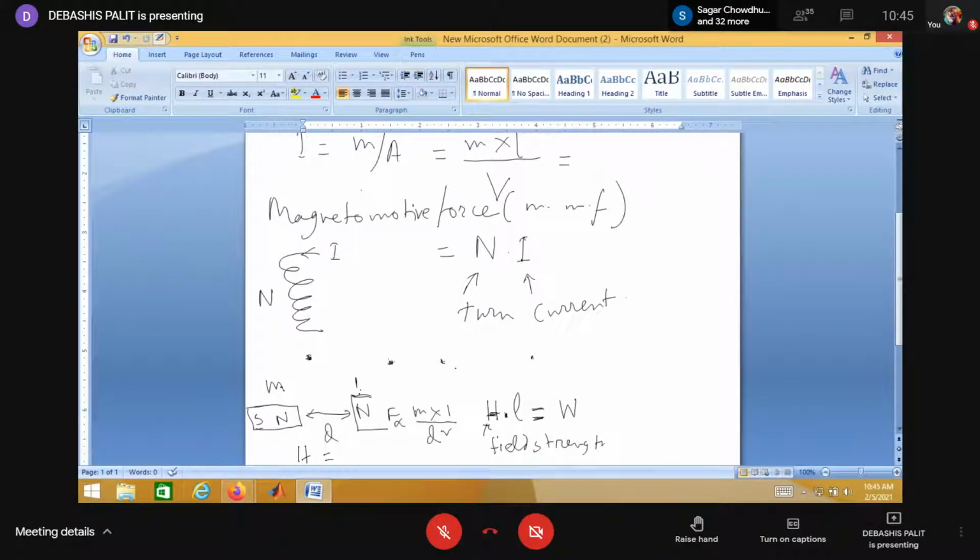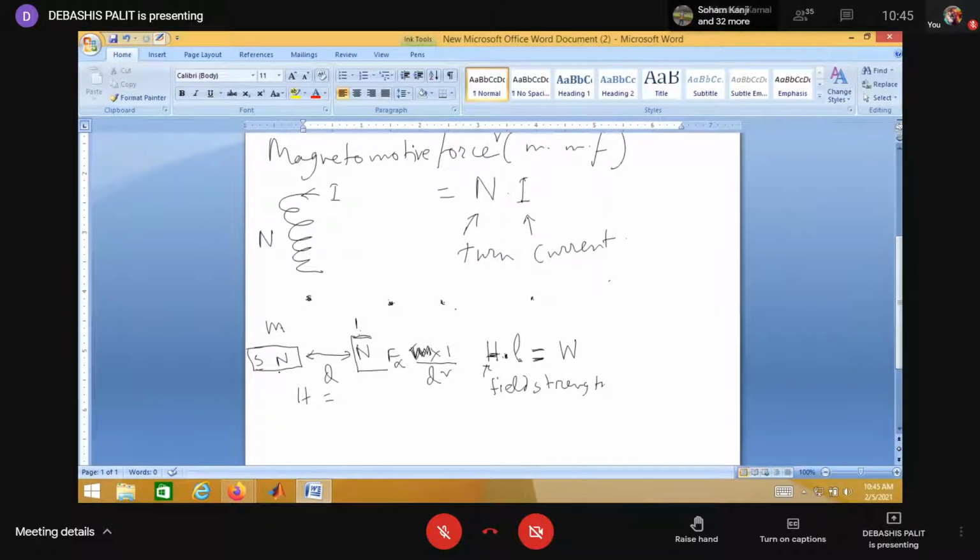If the magnetizing force is there, that force will develop the strength. So that force into distance is your work done. That H is the magnetizing force, and it is experienced by the unit north pole.